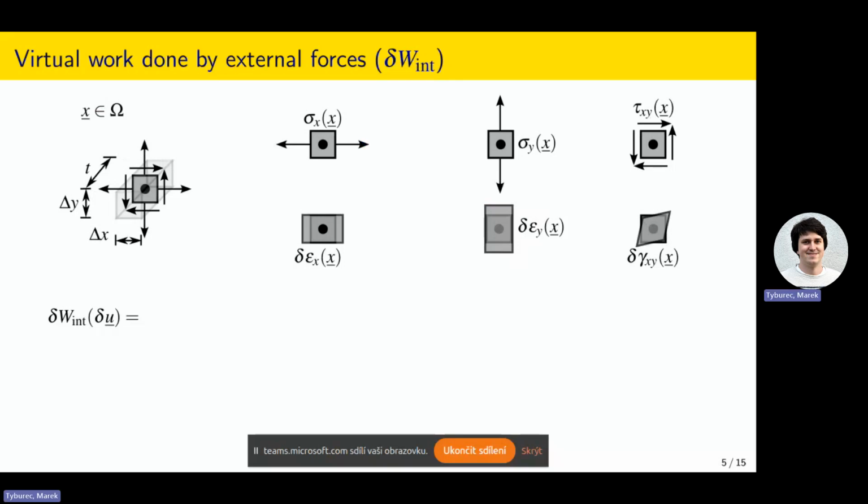Now this virtual energy of the internal forces of the system will again depend on these virtual displacements. Again, we can write it down by summing the contributions of these virtual parts.